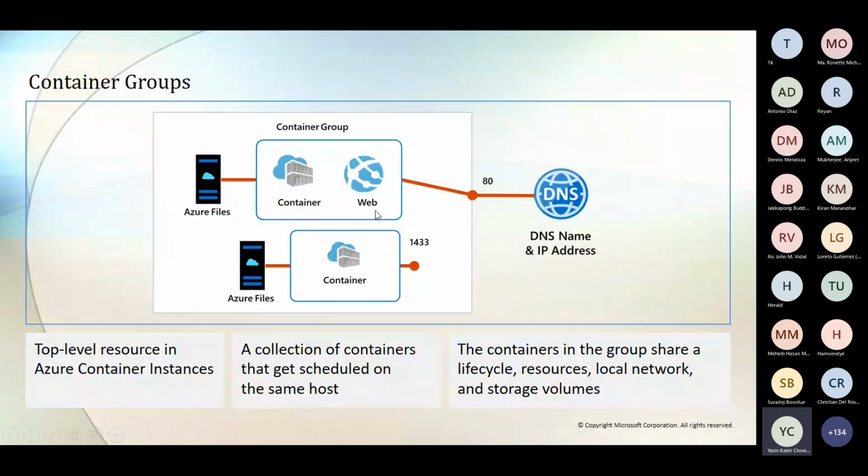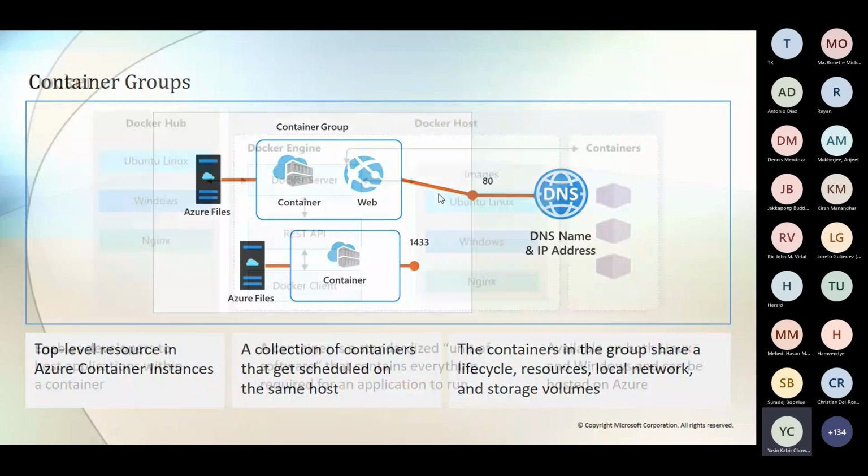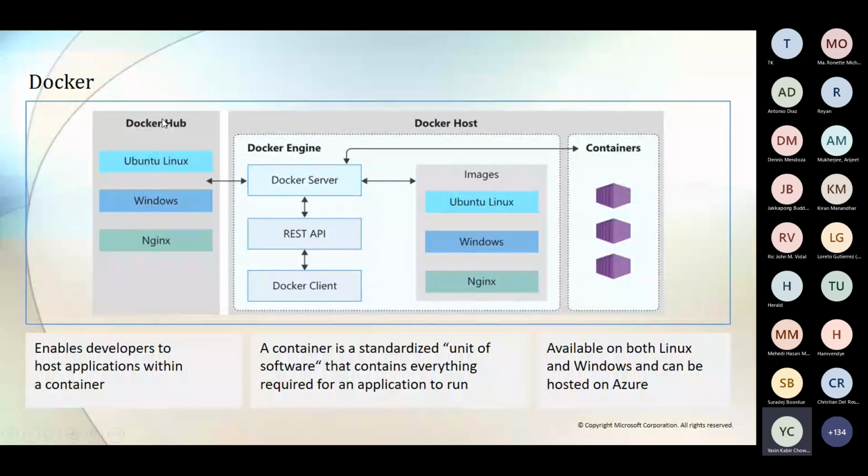So Docker, what is Docker? As we told, a container is hosted in Docker. So this is the Docker host, and this is Docker Hub. On Docker Hub, you have images of operating systems like Ubuntu, Windows, and Nginx. Nginx is a Linux web server image. Whatever you need, you can take from here.